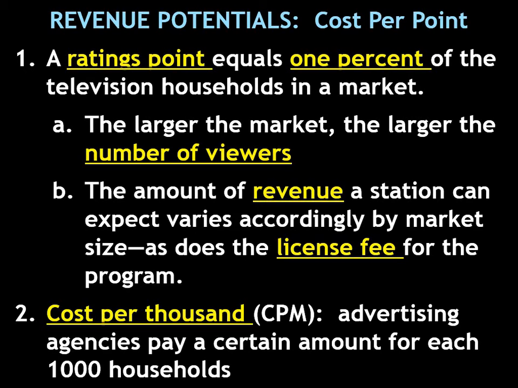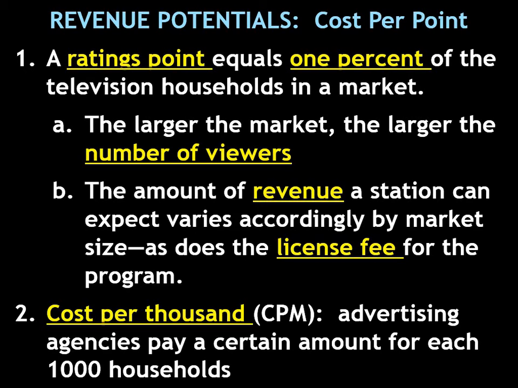So the cost per point would be the amount of money that you are spending to reach that 1% of the population. In this case, the amount of money you're spending to reach 10,000 households out of 1 million potential households.